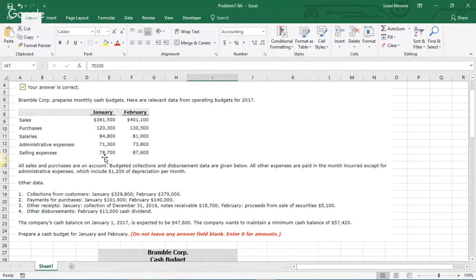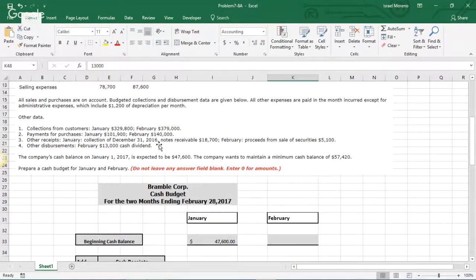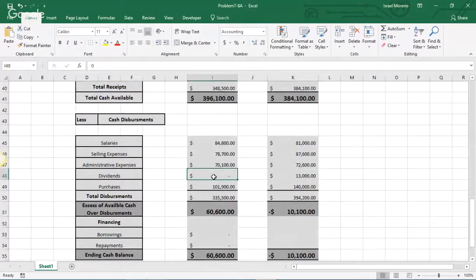So we just subtract 1200 for each month from the administrative expenses, and that's how I got these numbers right here. It's very simple. You just need to pay attention to the instruction. Dividends. The company paid dividends of 13,000 in February. You can see that in number 4 in here. That was in February. So just remember to put a 0 in January.